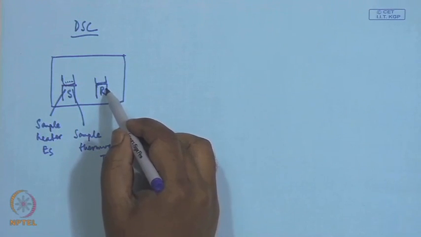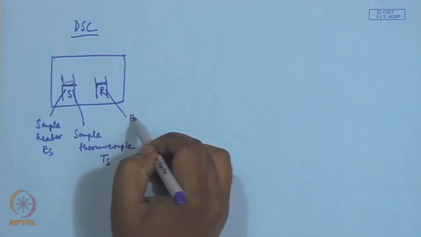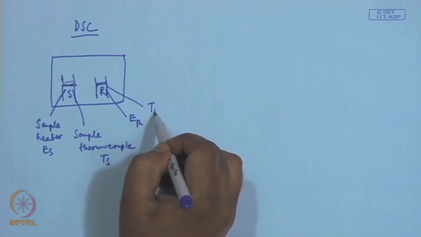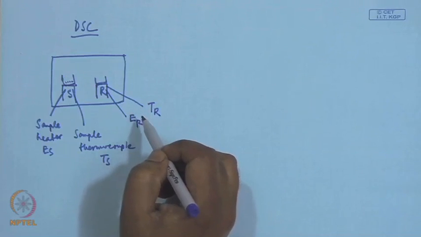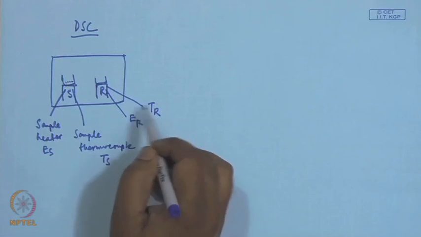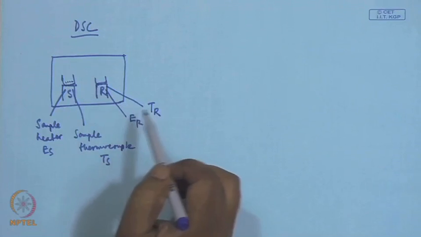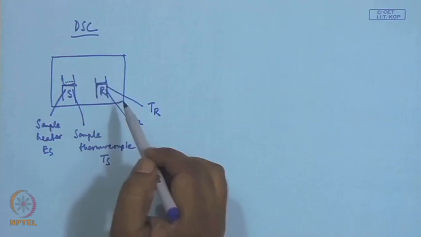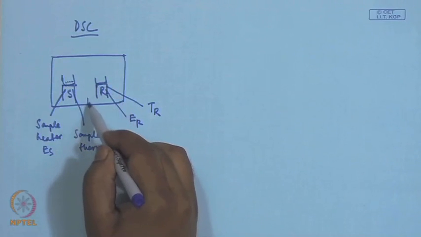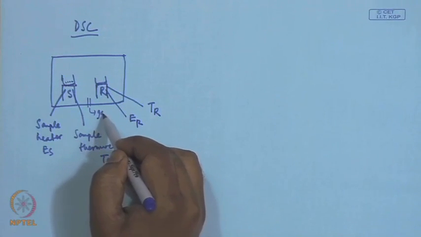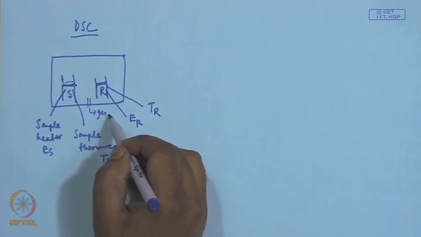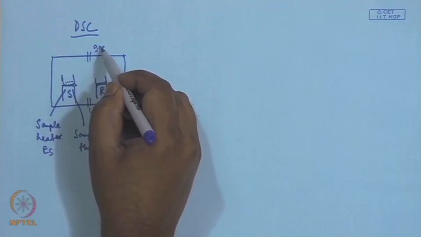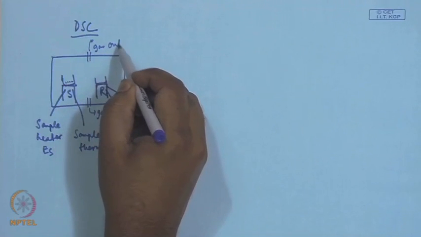Similarly, here you have a reference heater and a reference thermocouple TR. The thermocouples determine the temperature of the sample and the reference. There is a gas inlet and a gas outlet, because typically we do experiments in an inert atmosphere.